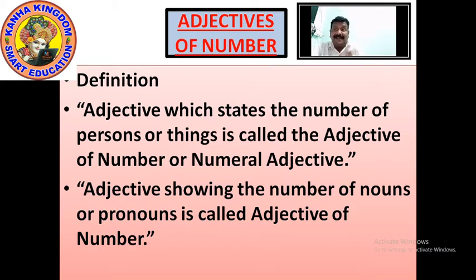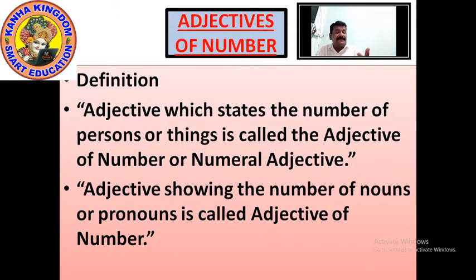The definition is: adjectives which state the number of persons or things are called the adjective of numbers or numerical adjective.